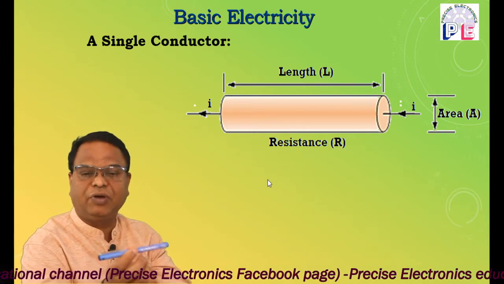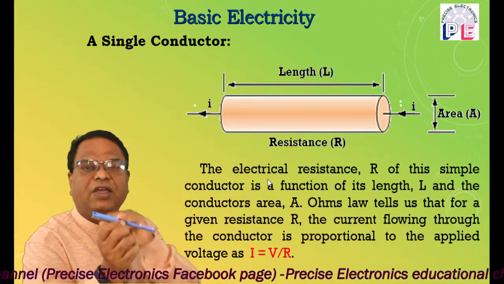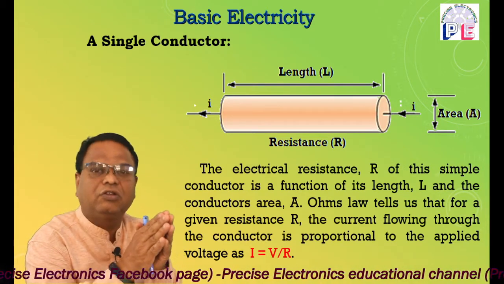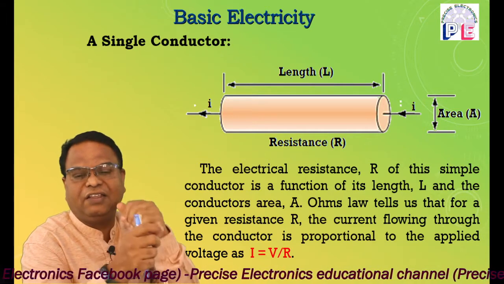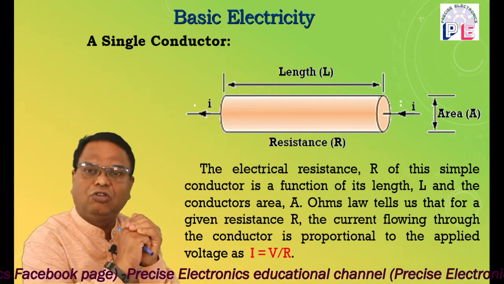So R is given by R is equal to rho L upon A, where R is the resistance, rho is the specific resistance of that material, L is the length, and A is the cross-sectional area.